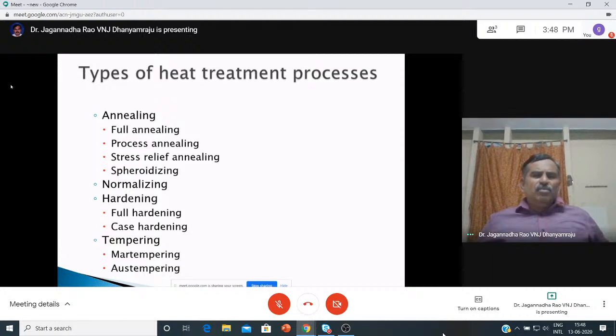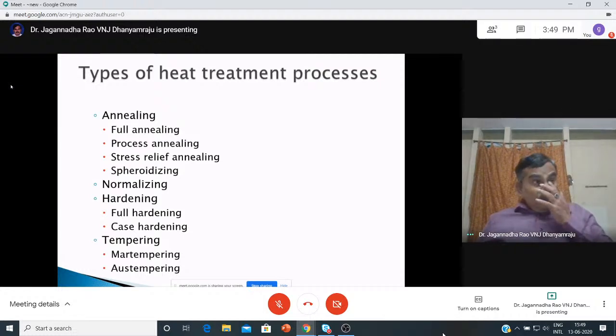Let us see what that systematic manner is later. So what annealing does is relieve the internal stresses. It imparts softness to the steels. That means it restores ductility.